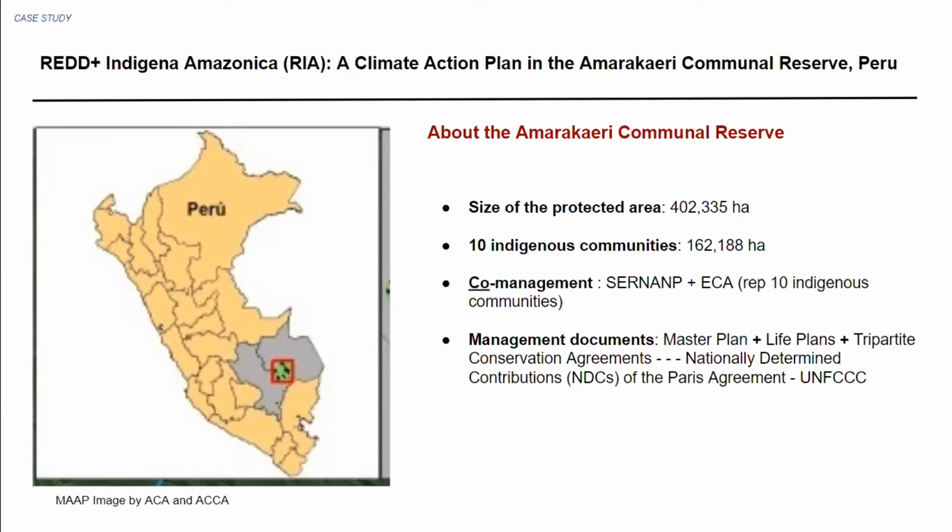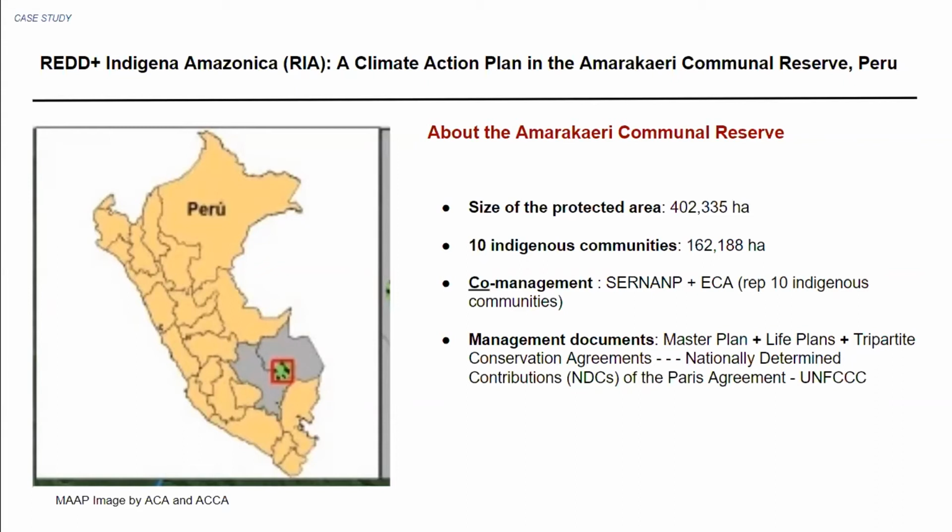So that means that the management of the protected area is shared between the National Service of Protected Areas, or SERNANP, and what is called the ECA, which is made up of representatives from the 10 indigenous communities that surround the Amarakaeri Reserve. They form this organization called the ECA, and they have the legal responsibility to co-manage the reserve with the National Protected Area Service.